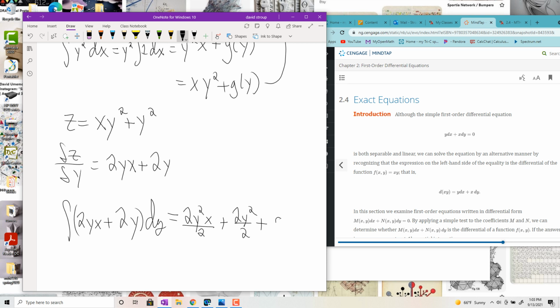And so in this case, because I'm recovering in the y direction, I could have potentially annihilated something in terms of x, right? So if I had z equals xy squared plus y squared plus x cubed, and I took the partial of z with respect to y, you wouldn't see that x cubed anymore, right?